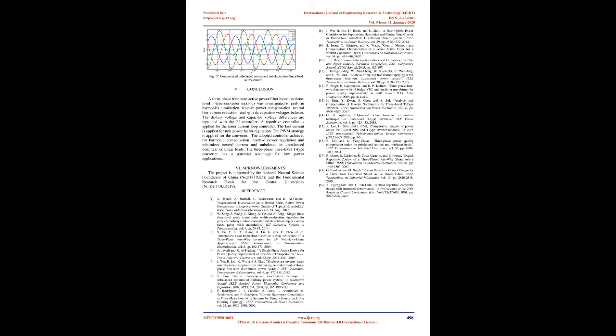Fig 14. Compensated source current for unbalanced source voltage of phase A, VSA equals 198√2 sin(ωt), phase B, VSB equals 220√2 sin(ωt - 2π/3), and phase C, VSC equals 242√2 sin(ωt - 4π/3), and balanced nonlinear load. Fig 15.